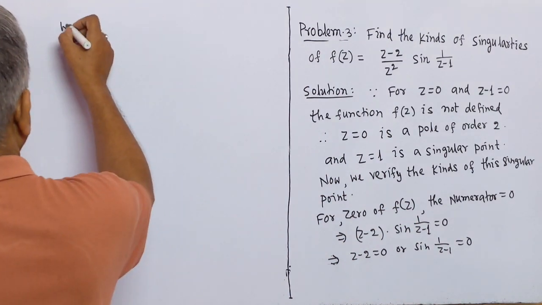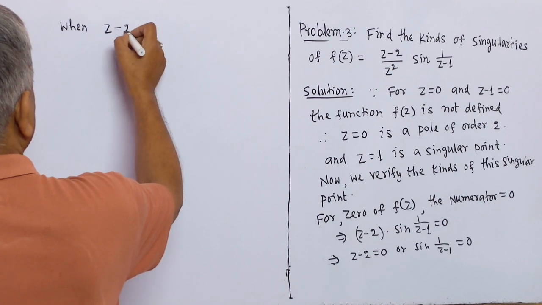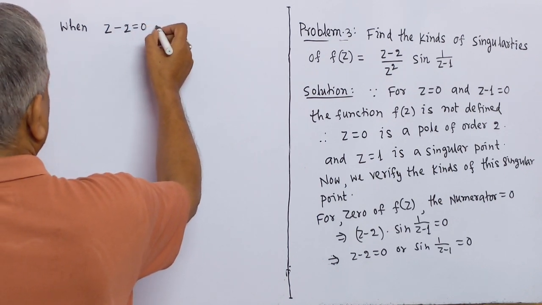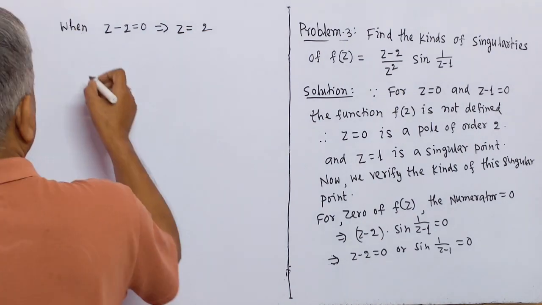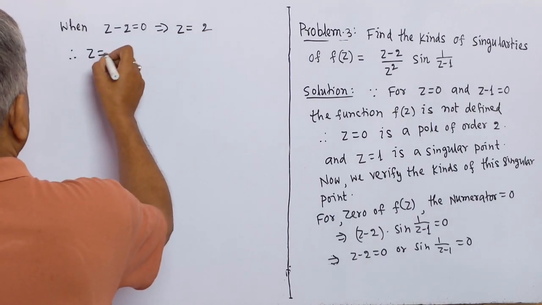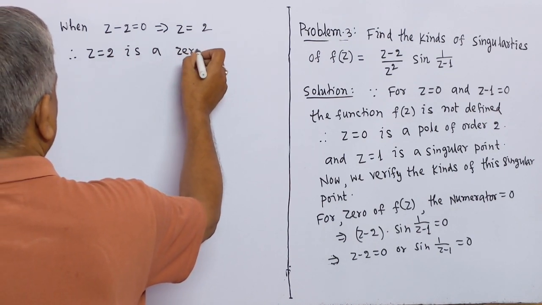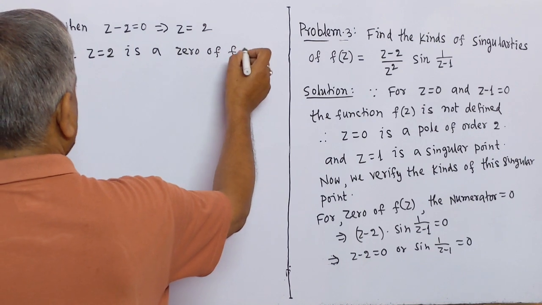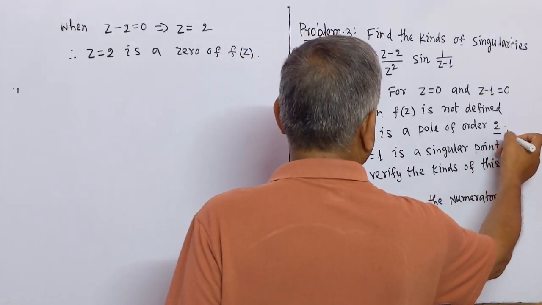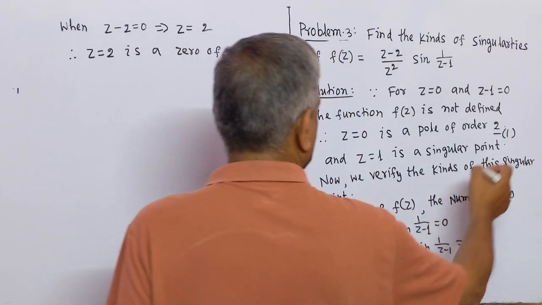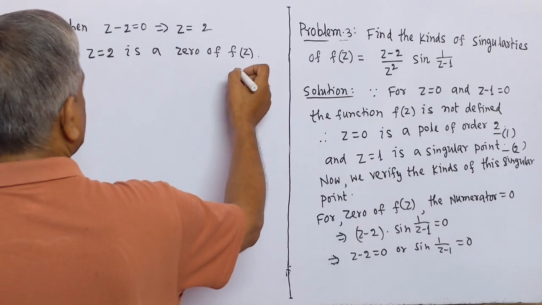When z - 2 = 0, it implies that z = 2. Therefore, z = 2 is a zero of the function f(z). Here this is number 1, this is number 2, this is number 3.